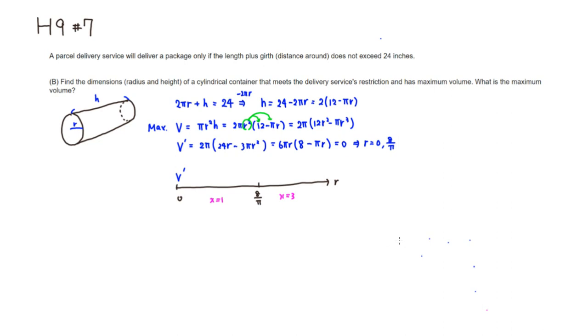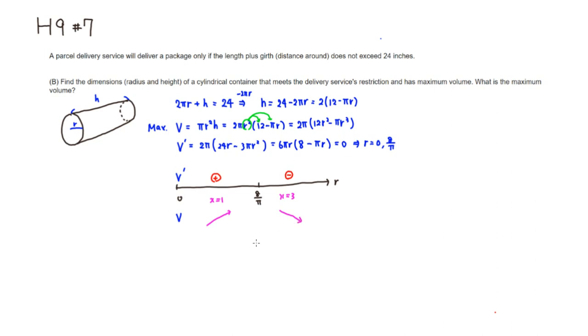If r is equal to 1, 6 pi r is positive and 8 minus pi is positive, so we have a positive sign there. If r is 3, that's positive, but 8 minus 3 pi is negative, so it's negative there. This means the original volume function is increasing up to 8 over pi and decreasing after that.